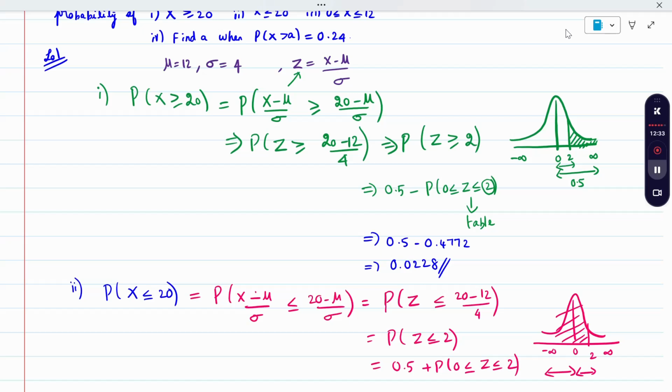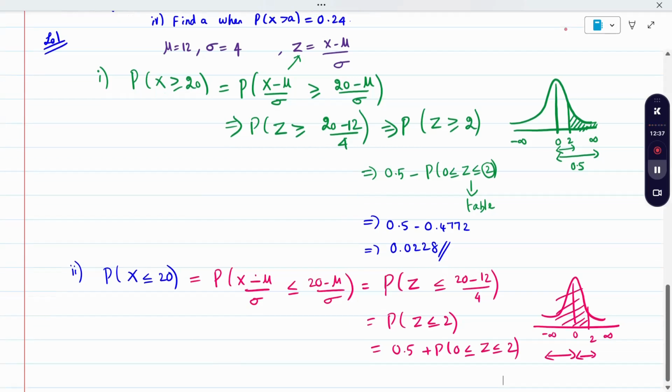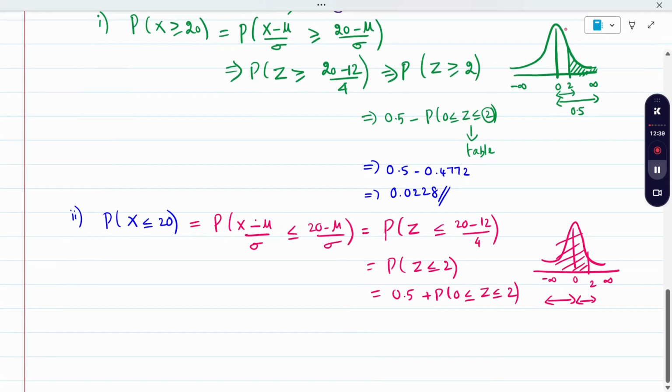For 0 to 2, I have already calculated the table value 0.4772, so no need to calculate again. So add it: 0.5 plus 0.4772. When I add both, I will be getting 0.9772. So that is completed.